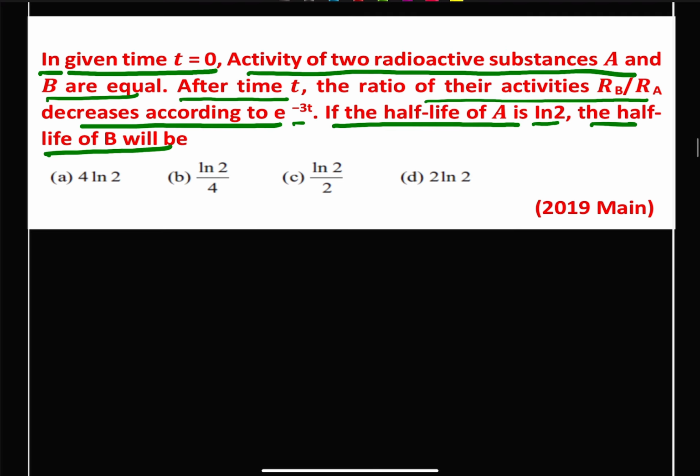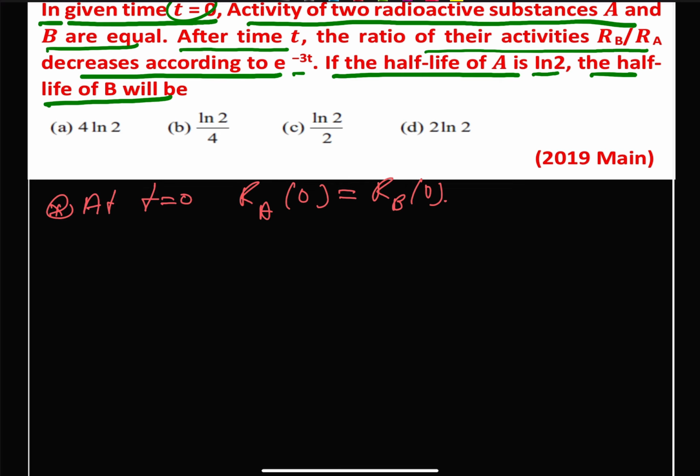So we are given at t equal to 0, the activity of both A and B are the same. Therefore, at t equal to 0, our activity of A is equal to our activity of B. And it says that at t equal to t, the ratio Rb upon Ra is equal to e raised to power minus 3t.